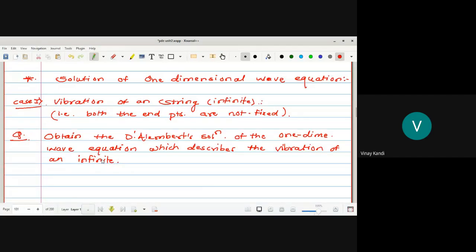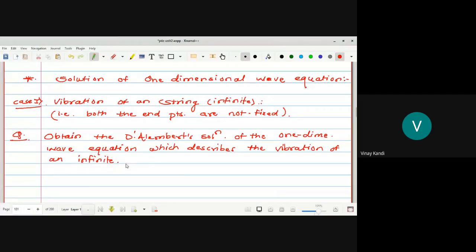So we have to find the solution of the vibration of a string of infinite length, that is, both the end points are not fixed. We know this second order partial differential equation of the one-dimensional wave equation, that is y xx is equal to 1 upon c square into y tt. This is the second order partial differential equation of the vibration of a string.